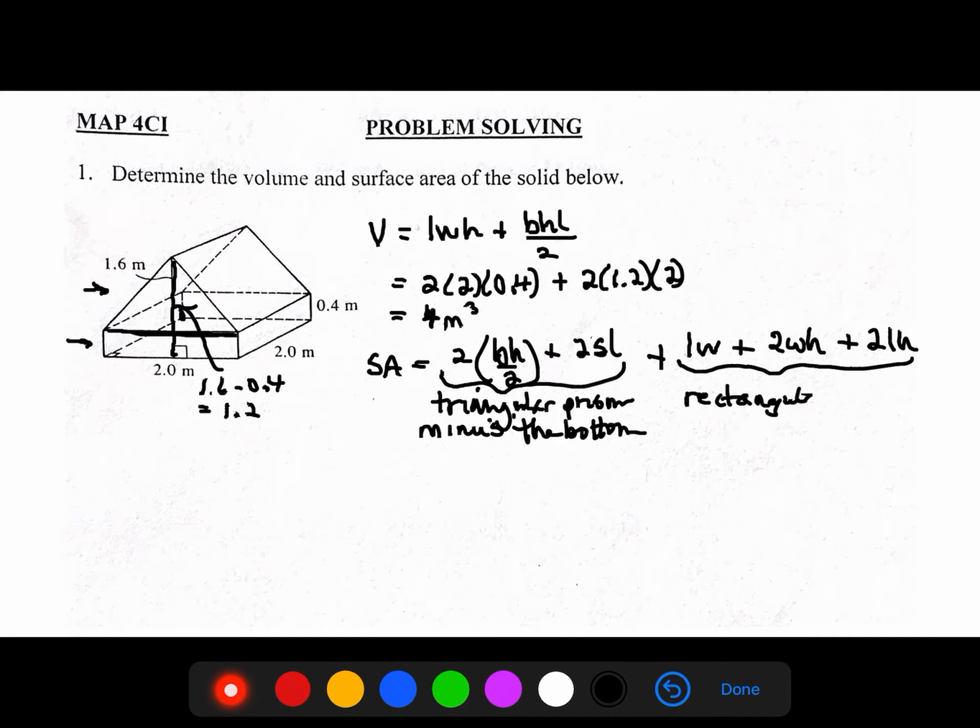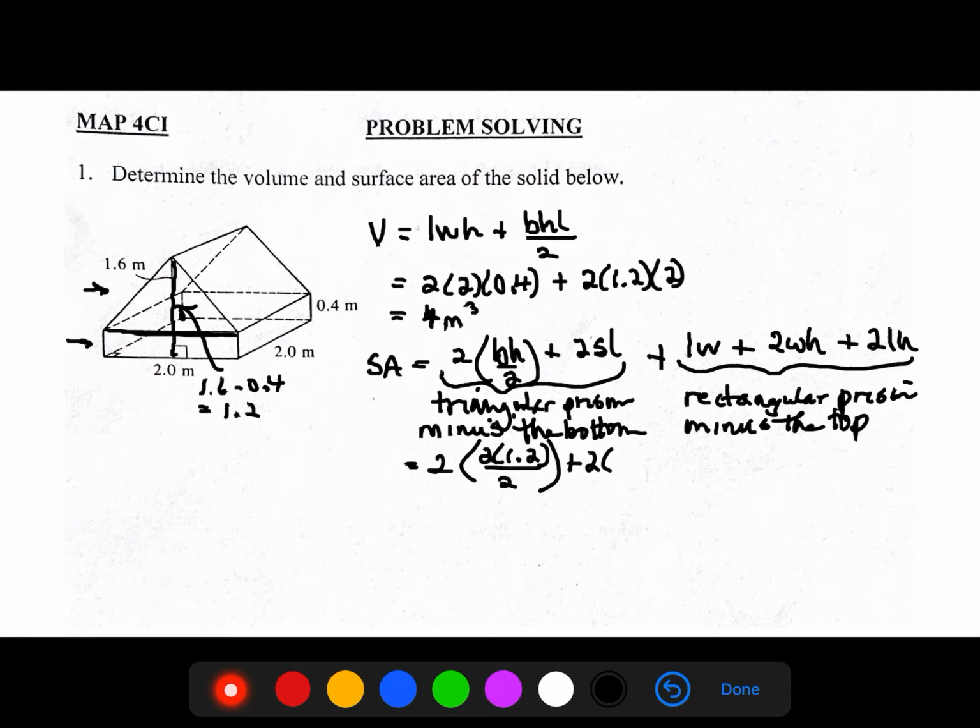So we're going to have length times width plus 2 width times height plus 2 length times height. And again, just to make note of this, this is our rectangular prism minus the top.